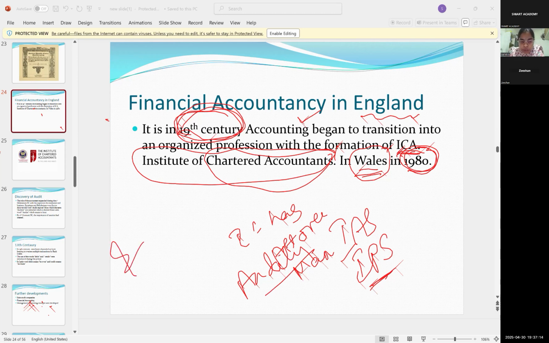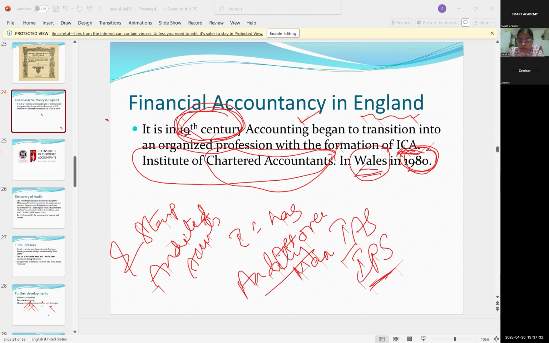Once he puts a signature and stamp, those are called audited accounts. So what is the organization they started? Institute of Chartered Accountants. This is the organization they started in the year 1980.